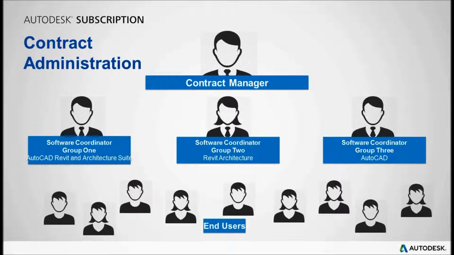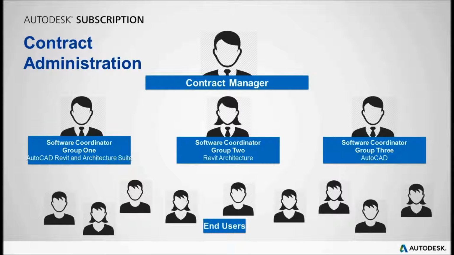So there's the main guy, the contract manager at the top. This person will be the person that is originally assigned as the main contact when setting up the contract. They will have received the welcome email, they will receive renewal notifications, and most of the important communication from Autodesk. The contract manager can then assign software coordinators.